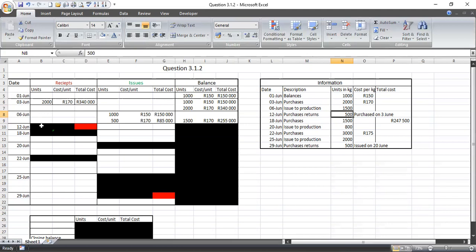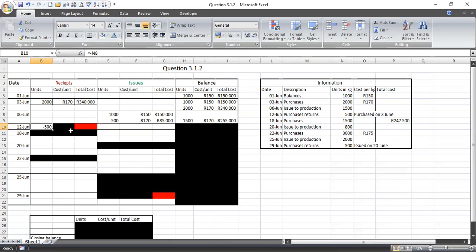So we go under units, we'll have 500 units, but the 500 units will be reflected as a negative 500, because the stock that we have in the warehouse is decreased now. We are returning 500 units, meaning that we're taking units out of our warehouse and returning them to our supplier.